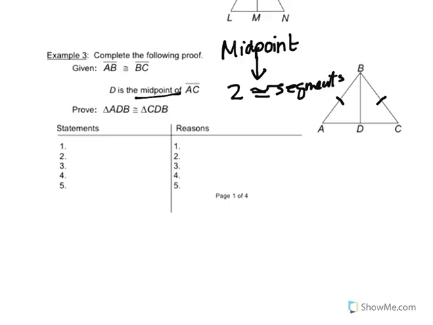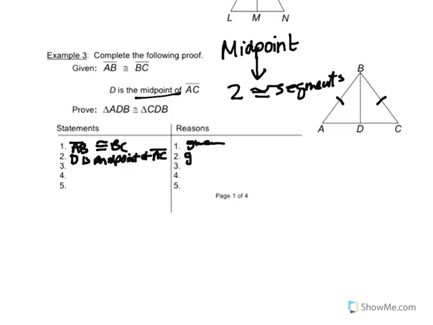So let's write our proof statements down here. Let's start with number 1. Let's do our givens. We have AB segment is congruent with BC, given. And then number 2, we have D is a midpoint of AC.